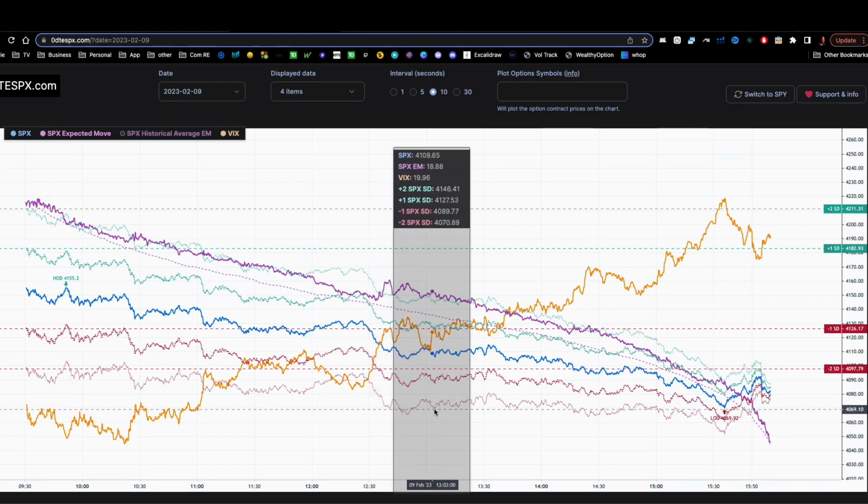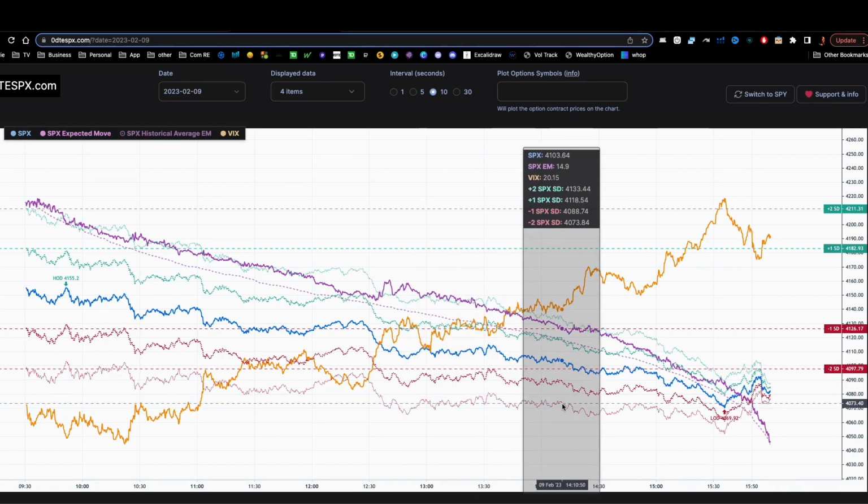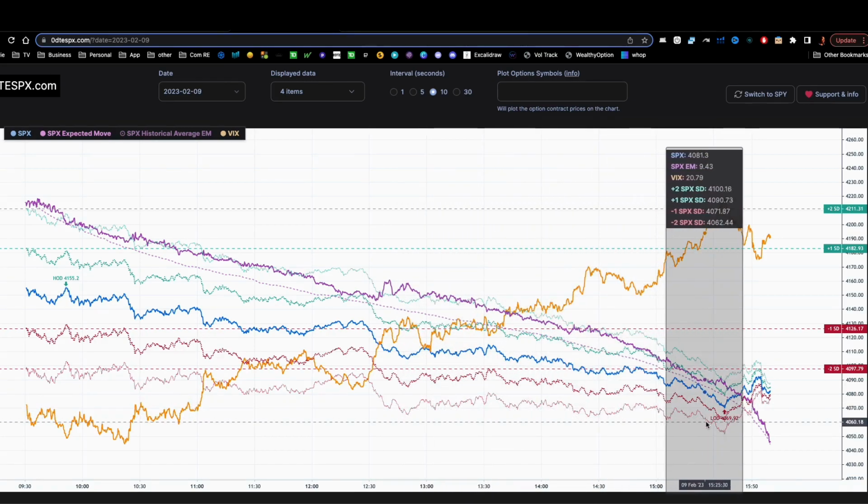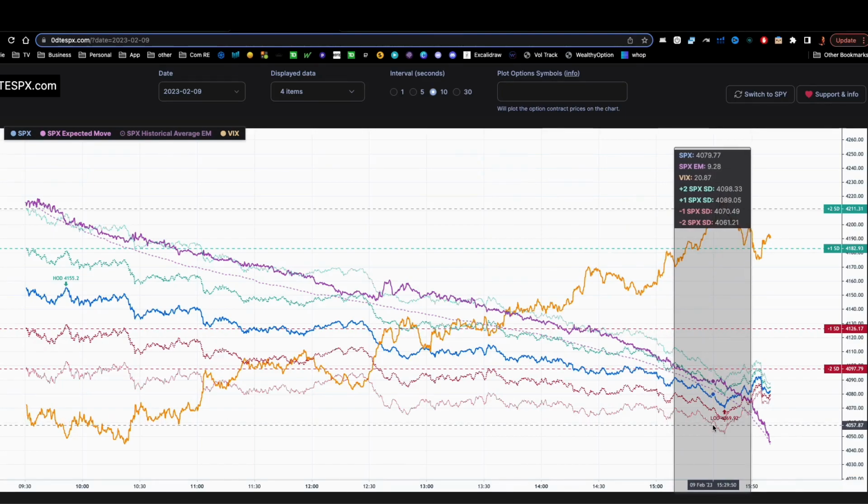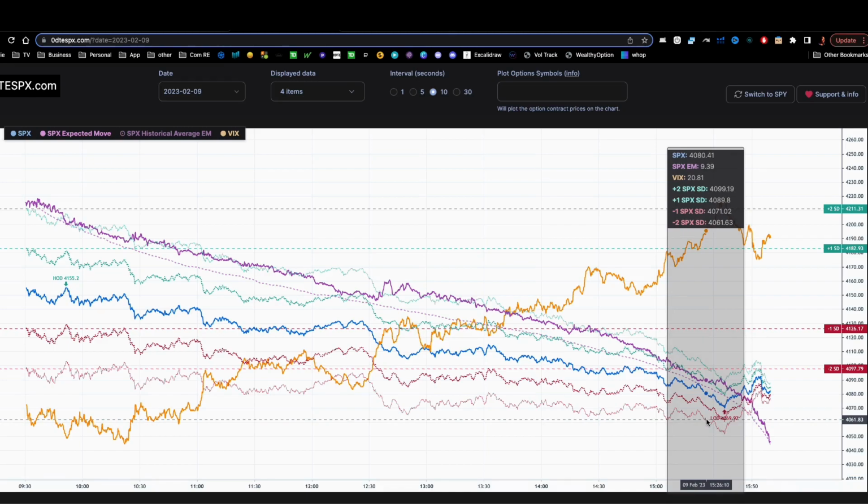So there is no point where a put spread would have worked today, except for very, very late. Probably at this point right here, about 3:30 or something like that. If you had waited to place a put spread at 3:30, then that would have worked. But that's it. And we usually are placing our trades sometime before 12 or 1 o'clock.